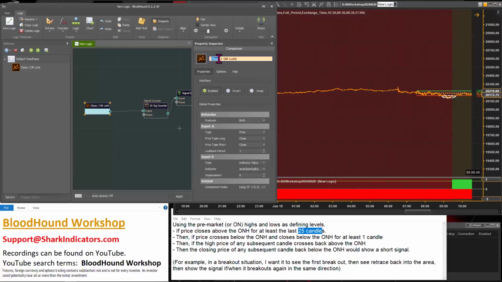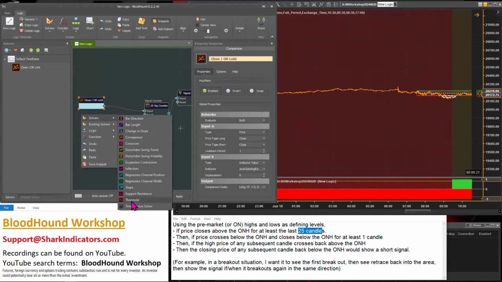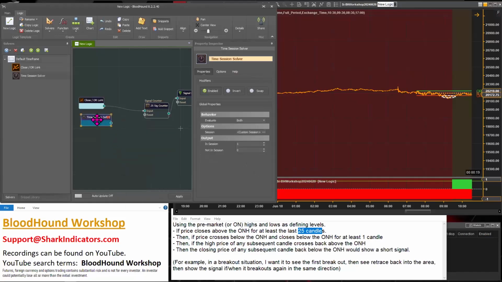We're comparing the close to the opening range low, and that generates a long output, and the opening range high generates a short output. So I'm going to clean up this comparison solver by using a time session solver.